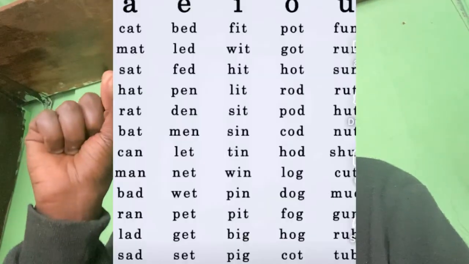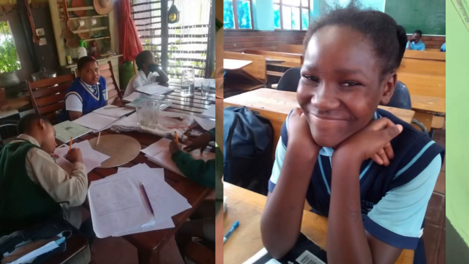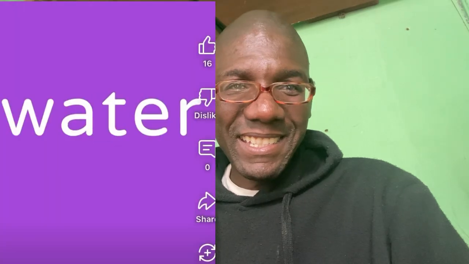Number 3, another point is that they also have to familiarize themselves with words. So you can start with the basics, A, E, O, U, I, and then you can write a word, for example, water. Then you must break it into pieces. Water, you can teach them, is W-A-T-E-R.